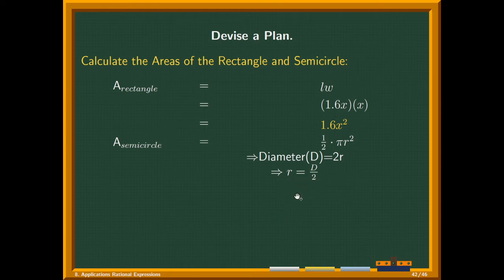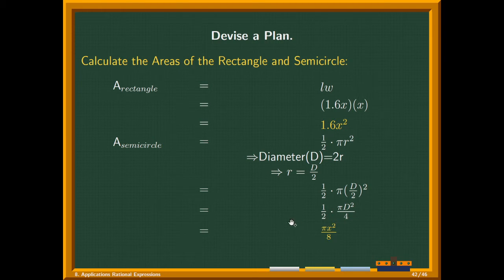Therefore, the radius is half of the diameter. So substituting 1 half times pi times d over 2 quantity squared, we have pi d squared all over 4. And since d is equal to its width, we have pi x squared all over 8.